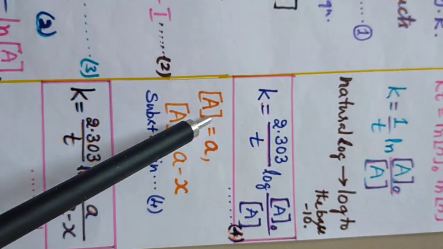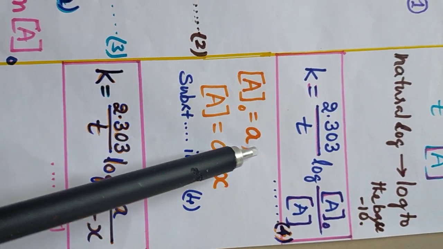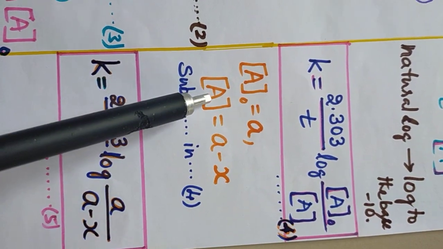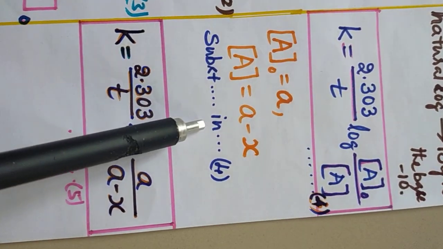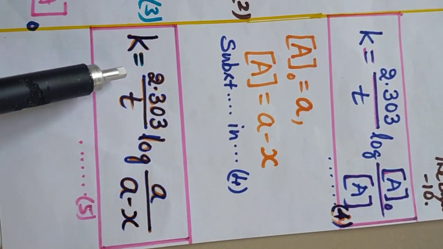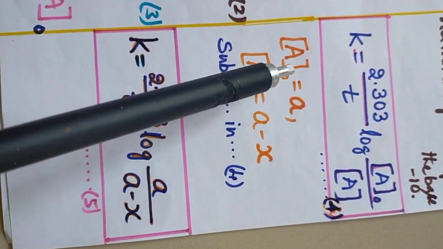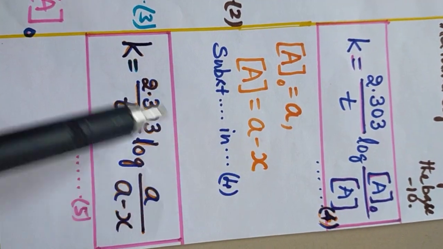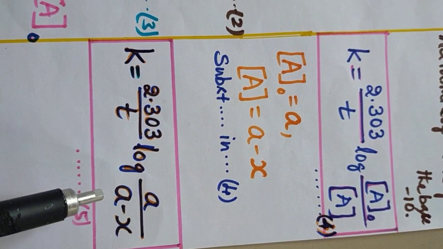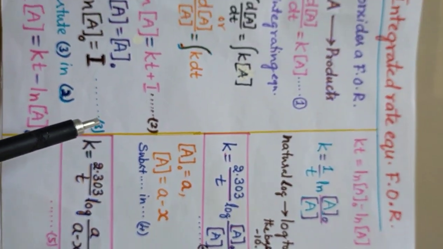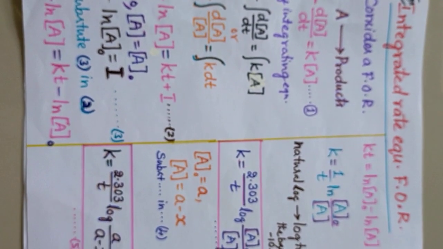A naught is the initial concentration A, and the final concentration is A minus X. So substitute in equation number 4: instead of A naught, A, and instead of A, A minus X. K is equal to 2.303 divided by t into log of A by A minus X. This is the integrated rate equation for first order reaction. I think you are clear about it.